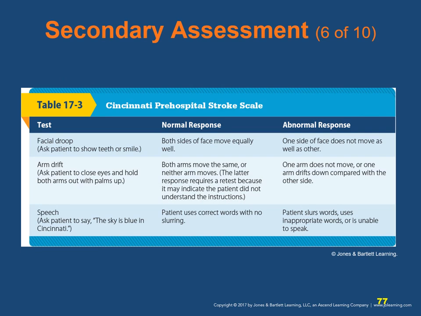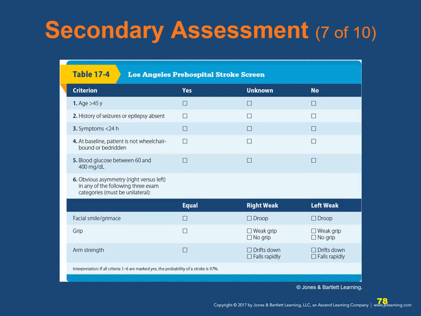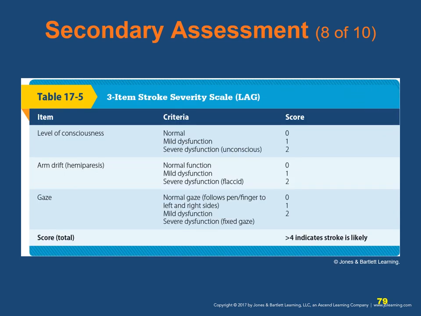This is table 17-3 and is the Cincinnati pre-hospital stroke scale that I just talked about. Here is table 17-4, which outlines the Los Angeles pre-hospital stroke screen. And this is the 3-item stroke severity scale.